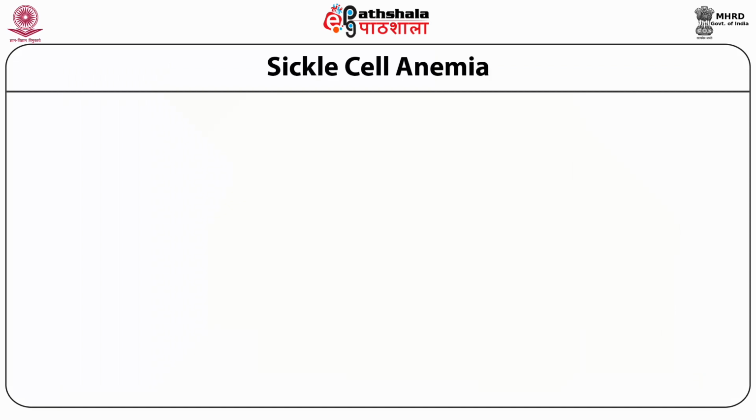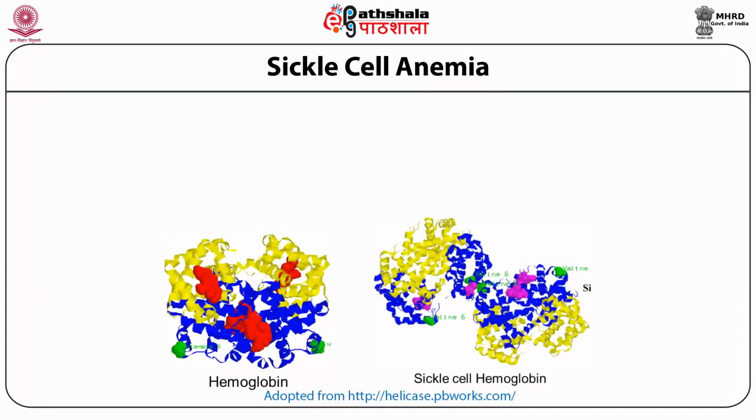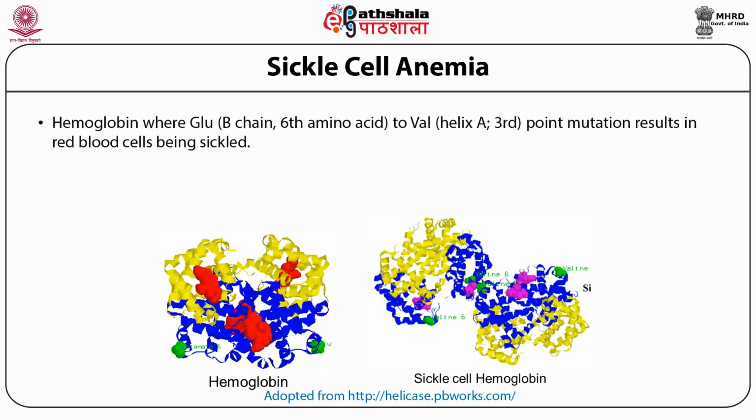As we are discussing diseases related to mutations, here is the example of sickle cell anemia. You can see the details in module 8, but let me briefly introduce it here. In hemoglobin, the glutamic acid, the sixth amino acid on the beta chain, is mutated to valine.